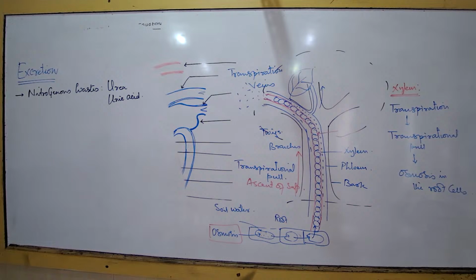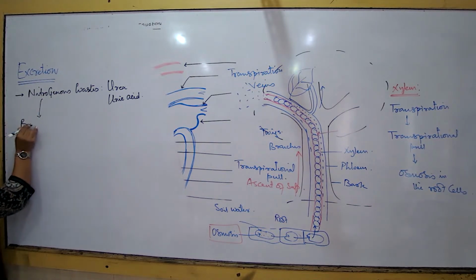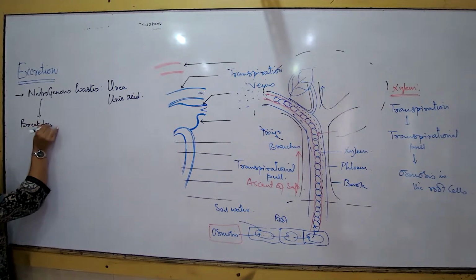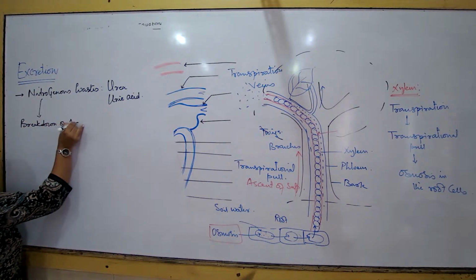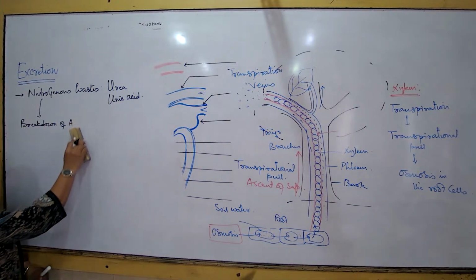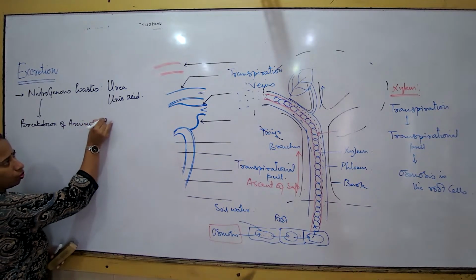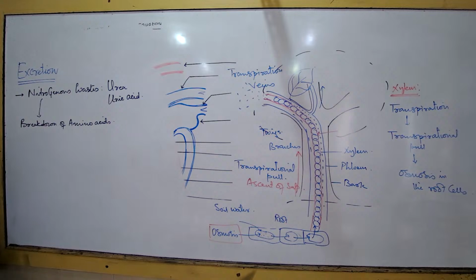Why the word nitrogenous waste? Because these substances are formed by the breakdown of amino acids. Now you know what amino acids are: the simplest form of proteins. We use this word nitrogenous waste because they are majorly made up of carbon, hydrogen, oxygen and nitrogen.